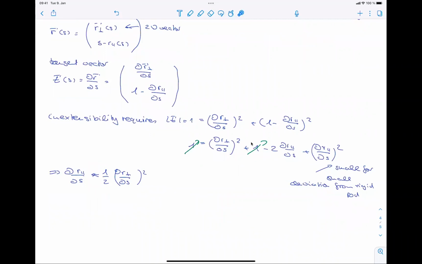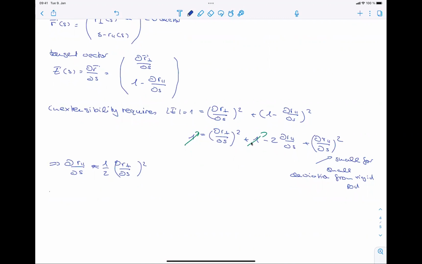Or twice the order of this term. And so we see that the length fluctuations are of second order.